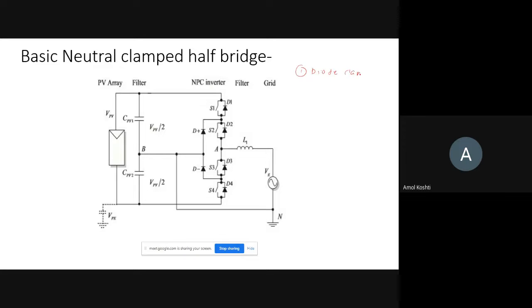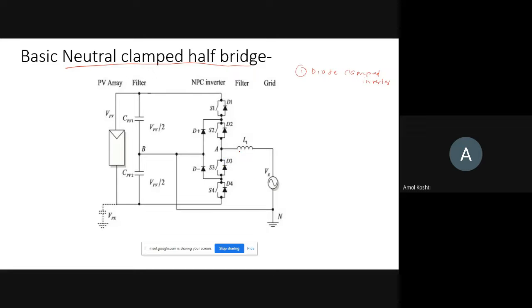I have already told you how many switches are in the circuit, the formula for this, and how the input capacitors are connected. Here we take a basic neutral clamped half bridge into consideration. We can increase the number of switches in the circuit based on how many levels of output we want at the output side.